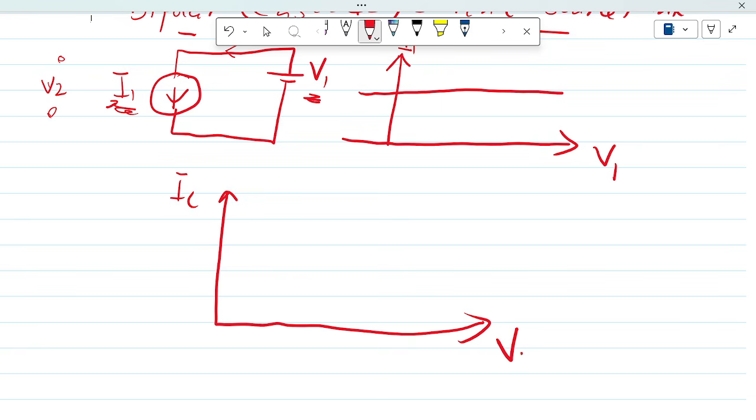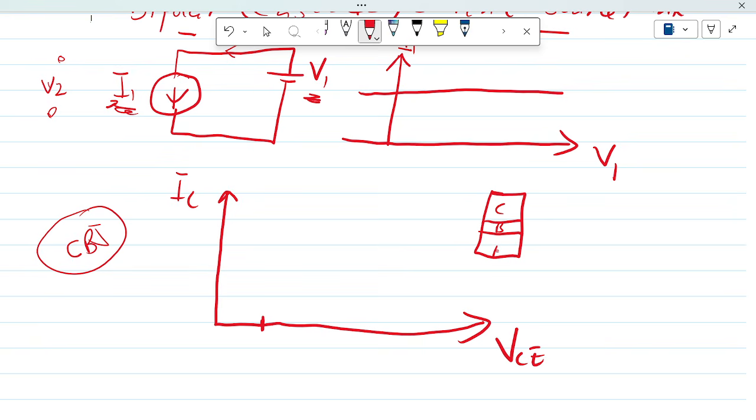From our basics, we know the relationship between the collector current IC and the VCE. Once the VCE is enough to put the collector base junction in reverse bias, then the device will be in the forward active region, if of course the base emitter junction is also forward biased.